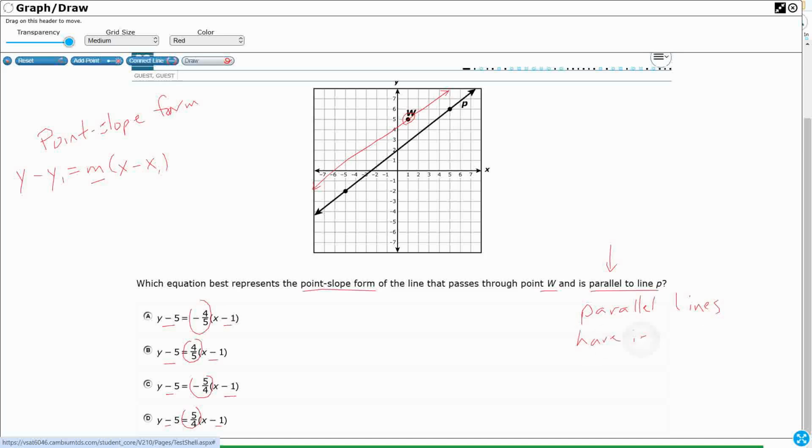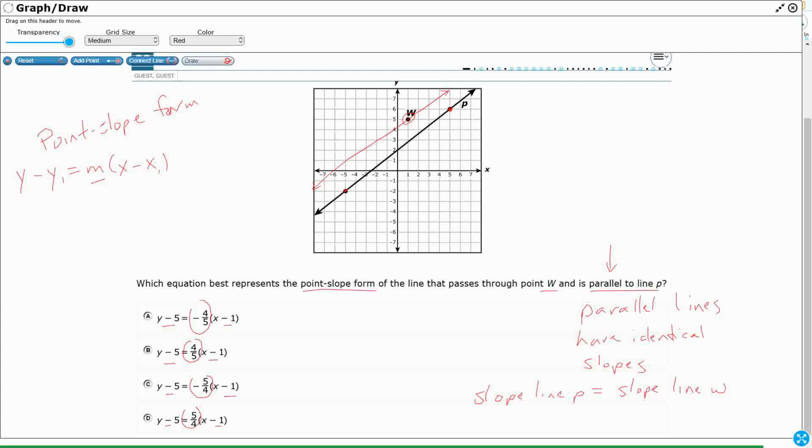They are never going to intersect. So if we can find the slope of line P, and they have given us 2 points here, the slope of line P is going to equal the slope of line W.